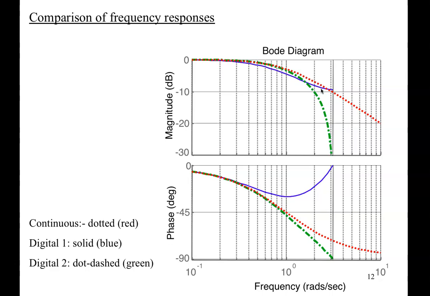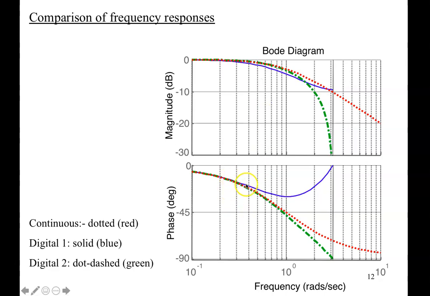Remember this 100 times, I said. So in reality, your control system will mostly operate at lower frequencies. Therefore, under these circumstances, the bilinear method will give you a better representation of the continuous controller.